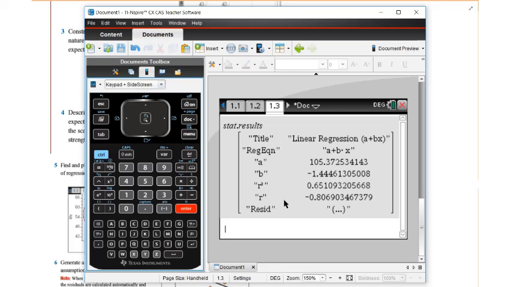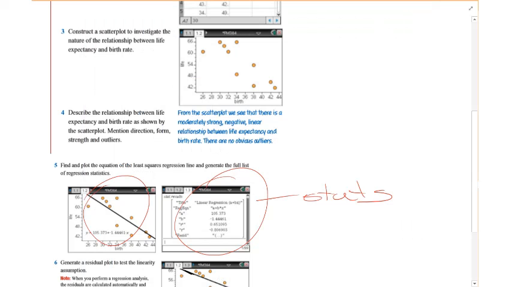Okay, so what you can see here, looking at that R value, this is what it fits here. We can see that there's a moderately strong negative, because it's in this direction, linear relationship. This is what it's suggesting. Now I would probably wait and say linear. This looks linear.